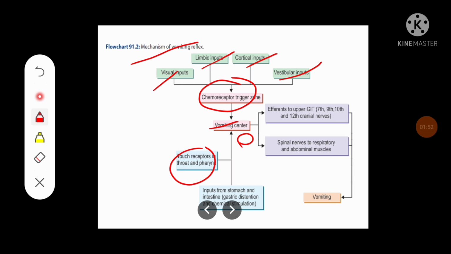From the vomiting center, the efferents go to the upper GIT, that is the 7th, 9th, 10th, and 12th cranial nerves, and the spinal nerves to the respiratory and abdominal muscles. This leads to expulsion of the gastric contents to the exterior, which is called vomiting.